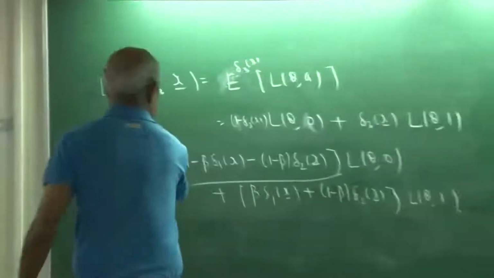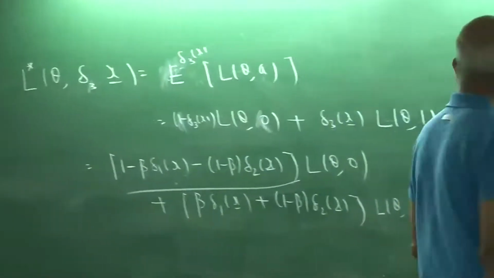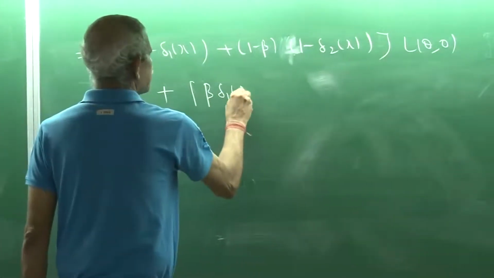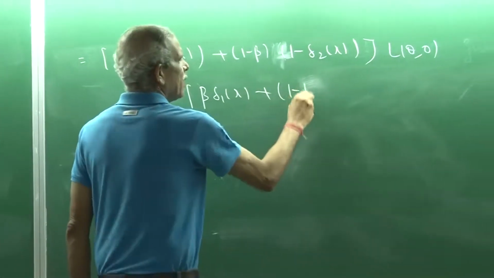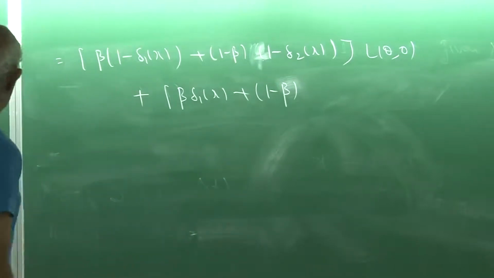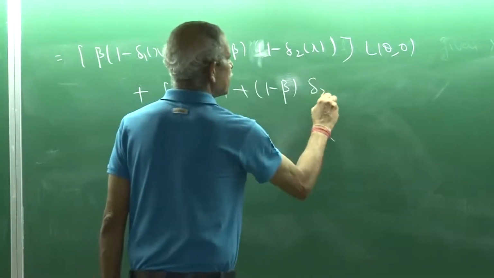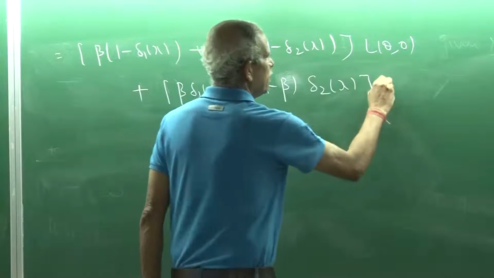Once I do that, this can be written as this quantity, plus beta times delta 1x plus 1 minus beta times delta 2x, into L theta 1.